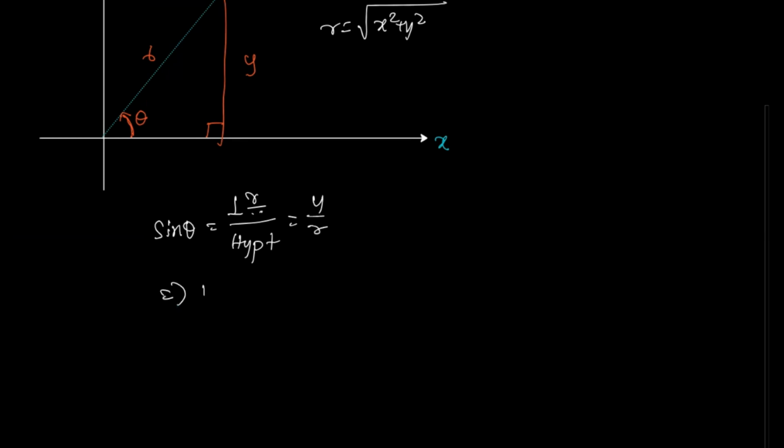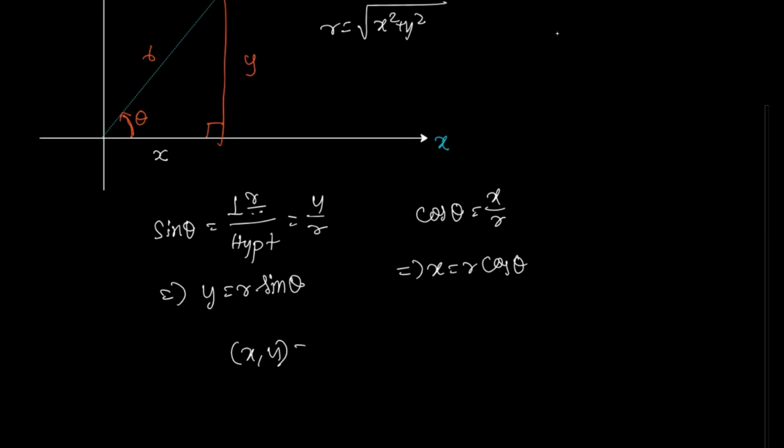Therefore, y equals r sine theta. What is cos theta? Cos theta equals base by hypotenuse, x by r, which implies x equals r cos theta. Therefore, we can write x comma y as equivalent to r cos theta comma r sin theta.